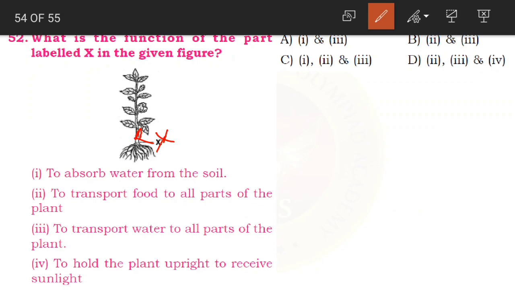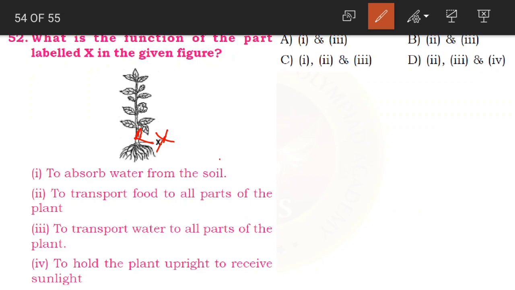Second, to transport food to all parts of the plant. Third, to transport water to all parts of the plant. And the fourth, to hold the plant upright to receive sunlight. So which function is done by the stem?